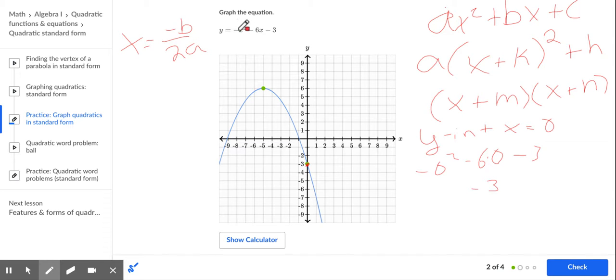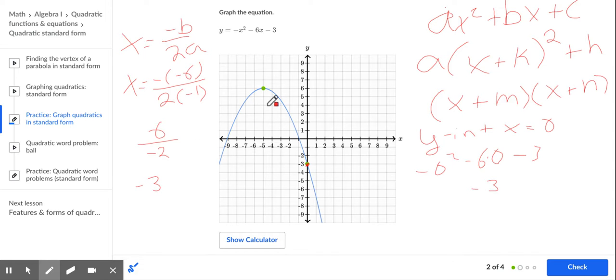In this case, a is -1 and b is -6. So if I plug that in, I get x equals -6 over 2 times -1. So that's +6 over -2, which is -3. 6 divided by 2 is 3, and it's going to be negative.